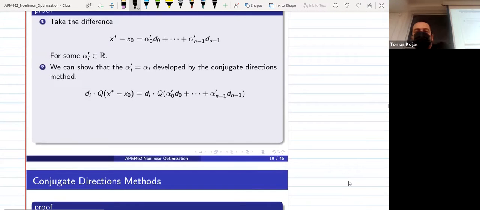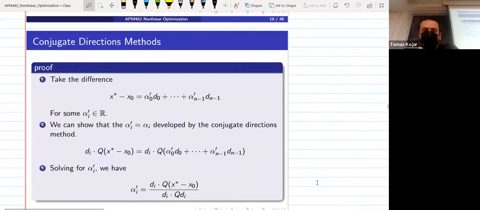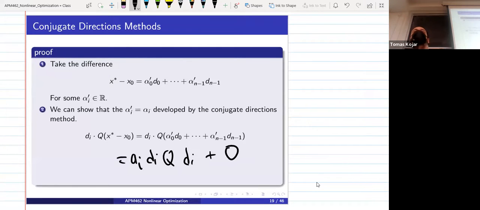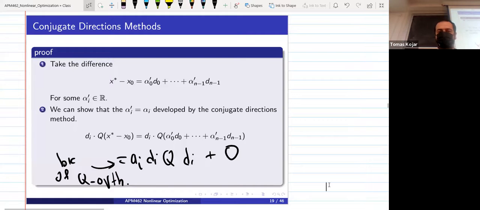Same game as before. Because I know the orthogonality, let me do it again. So I know the orthogonality, so I have d_i, A_i, d_i, and then a bunch of zeros, right? Because of orthogonality. Good.